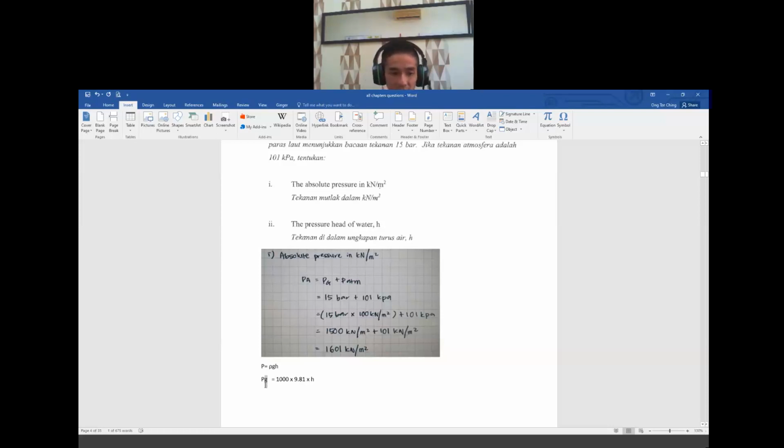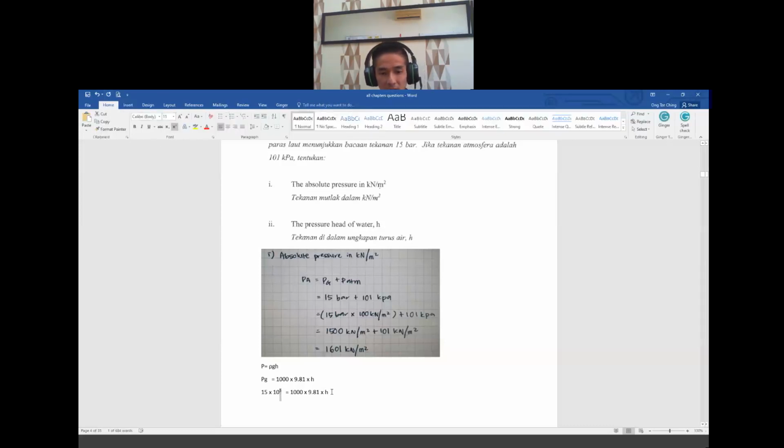So over here, please put in the gauge pressure value, which is 10 power of 5, right? Divided.